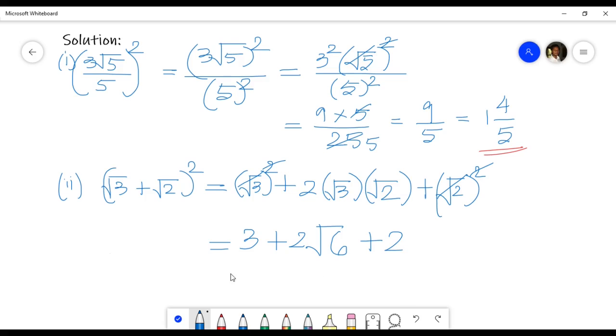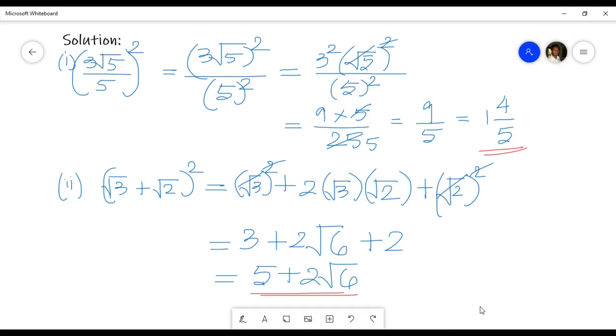Now here we will add 3 plus 2, that is 5, plus 2 root 6. So this is the answer. This is the square of root 3 plus root 2 whole square.